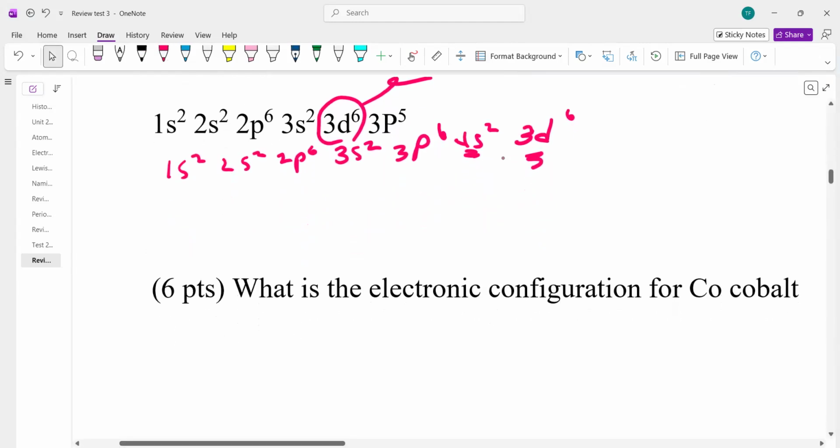Okay. Cobalt, write the electronic configuration. Now remember, there's the orbital representation and the electronic configuration. The orbital one just adds orbitals to the electronic configuration. Okay, so we find cobalt. Cobalt is 27 up there.